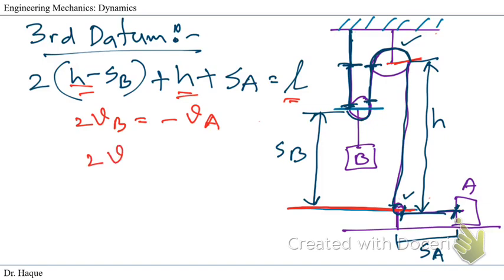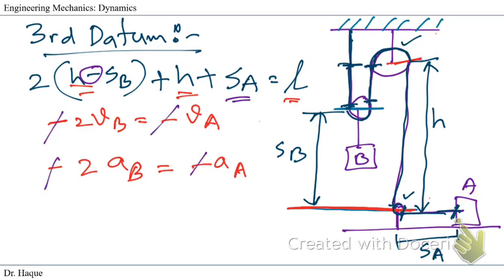Again, this will give us twice AB equals negative acceleration A. The thing to notice is that if I take this one to the other side, the negatives cancel out, and it becomes positive for both cases.